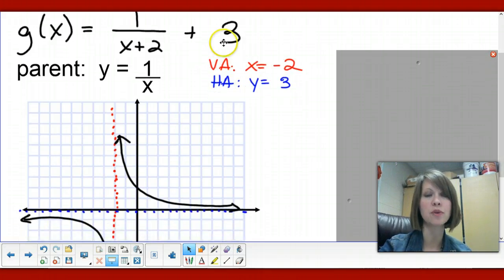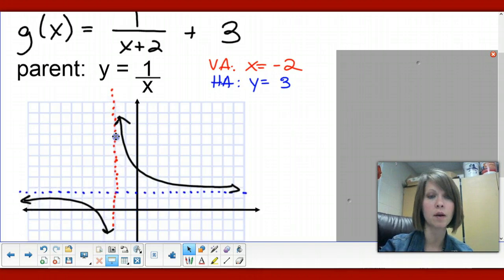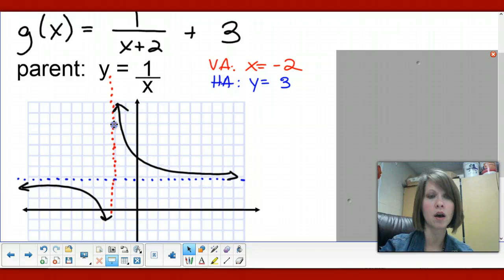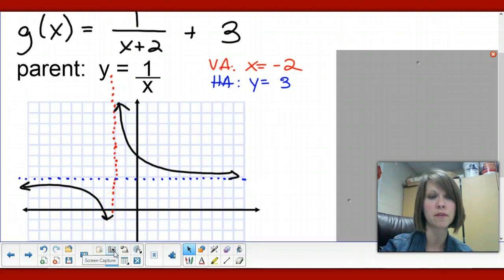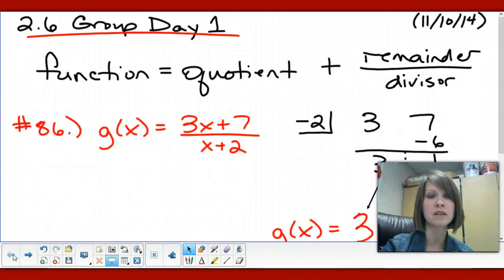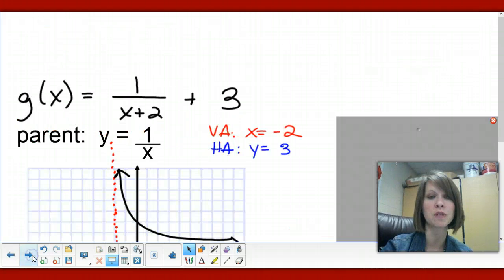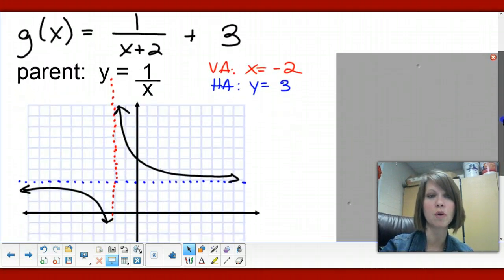Now this plus 3, adding outside, causes all of our y's to shift up 3. So here's up 1, up 2, up 3. Okay, sorry that this is not a very straight red line, especially right there. So here would be the graph of our g of x. It started off as (3x plus 7) over (x plus 2). And now we have rewritten it as 1 over (x plus 2), plus 3.